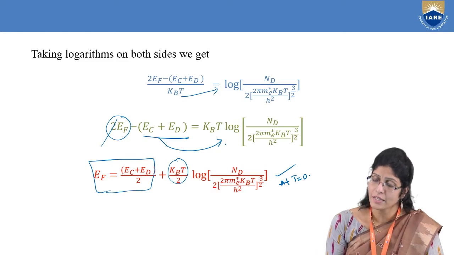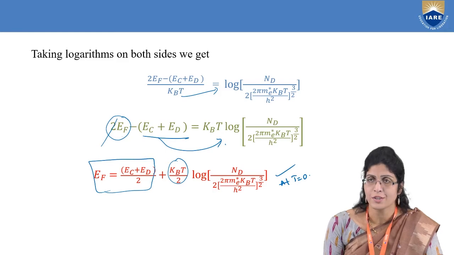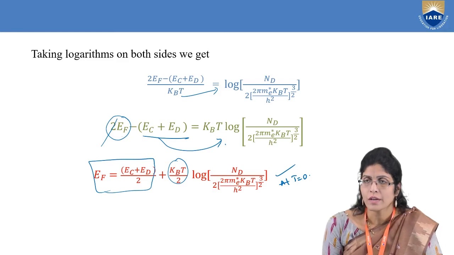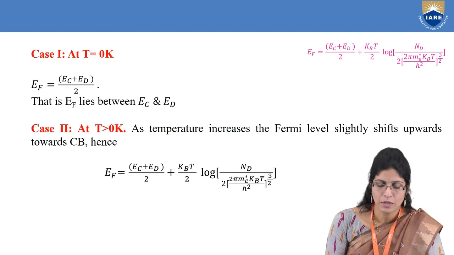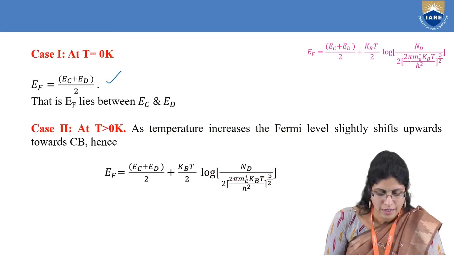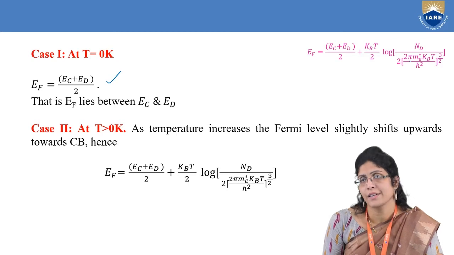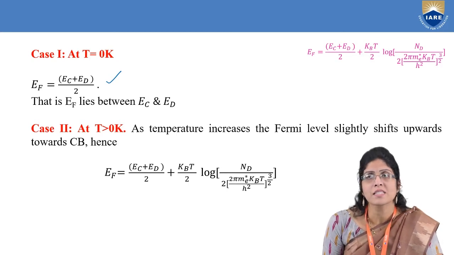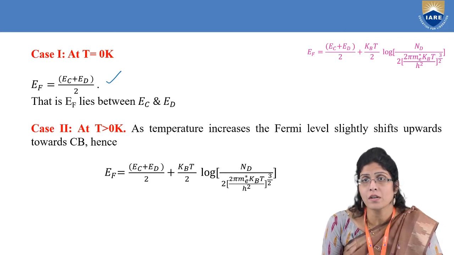Now what will happen if I raise it to even higher temperatures? At T equal to 0, I have this, and now holding on to this, if I raise the temperature, the Fermi level slightly shifts upwards towards the conduction band.